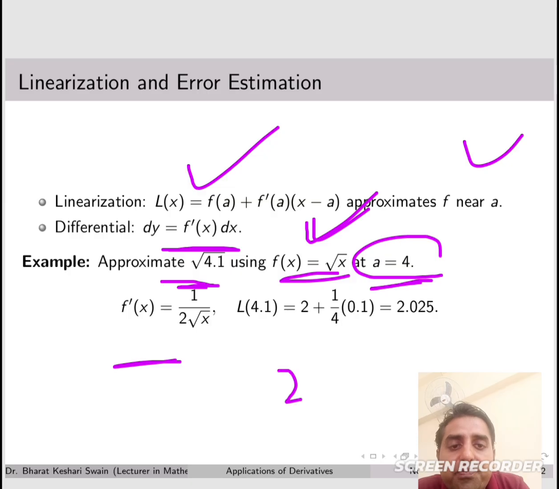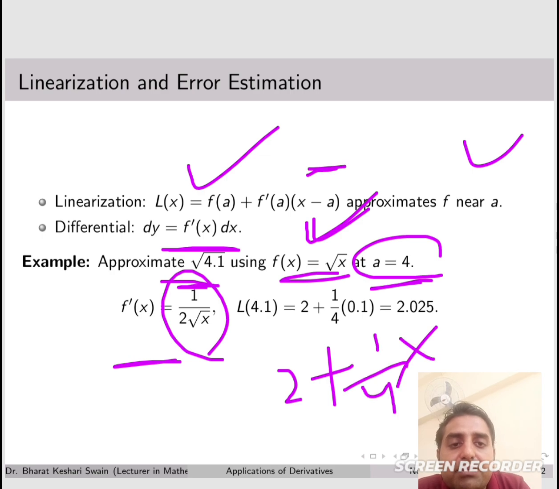That means 2 plus f'(a). For f'(a), in place of x put 4, so 1 by 2 into square root of 4 means it is 1 by 4, into (x minus a). Here x is 4.1, and a is 4.